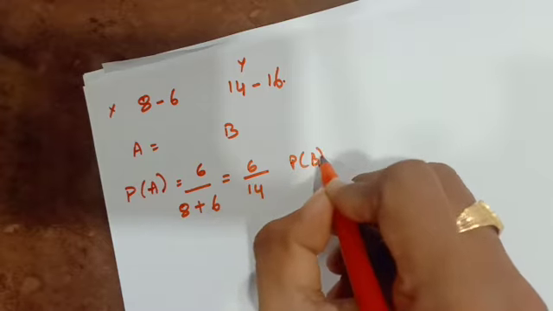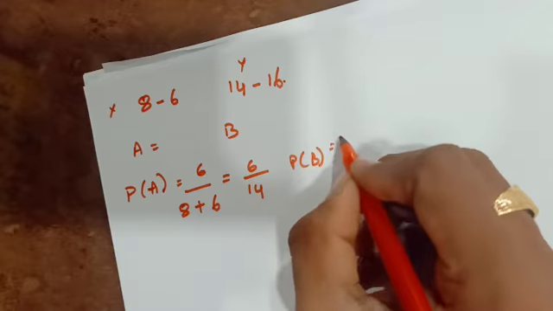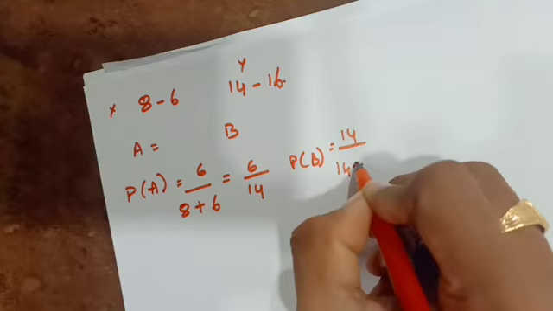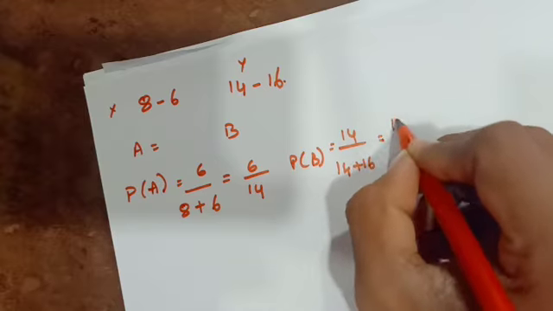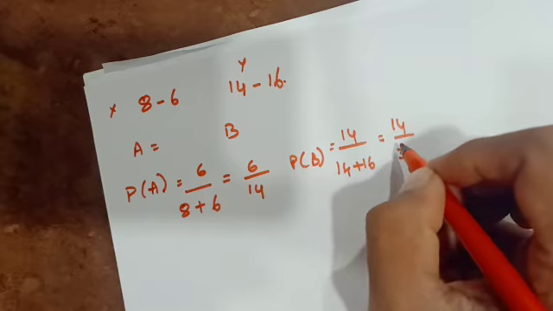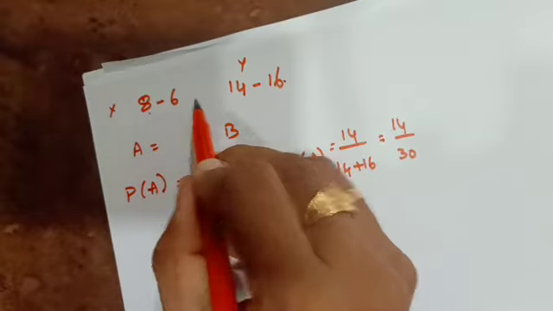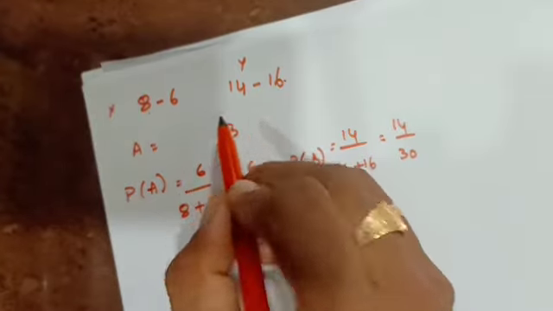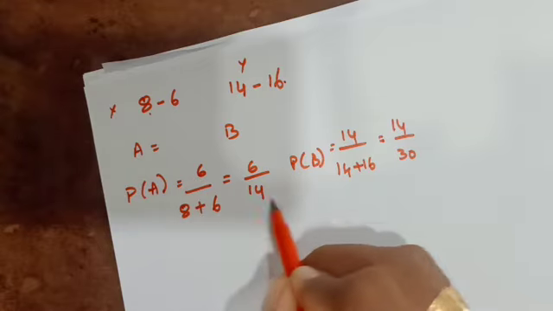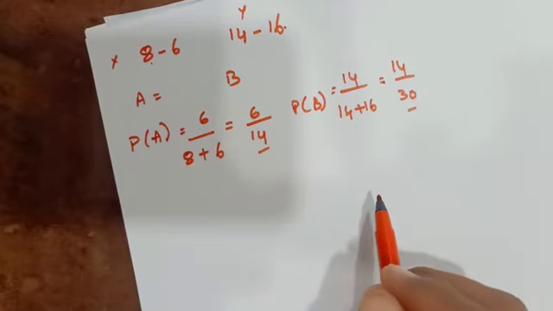P of B is 14 by 14 plus 16, so 14 by 30. So whichever is the least that we have taken here, P of A, we get 6 by 14 and 14 by 30.